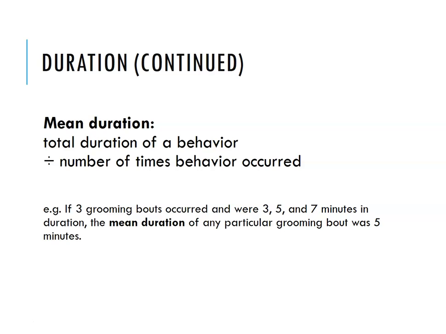Mean duration is really just the total duration divided by the number of times that behavior occurred, rather than the total time observed. So again, going back to grooming in monkeys, if 3 grooming bouts occurred and they were 3, 5, and 7 minutes in length, the mean duration for any particular grooming bout was 5 minutes. So that is another way that we can measure duration of a particular behavior.